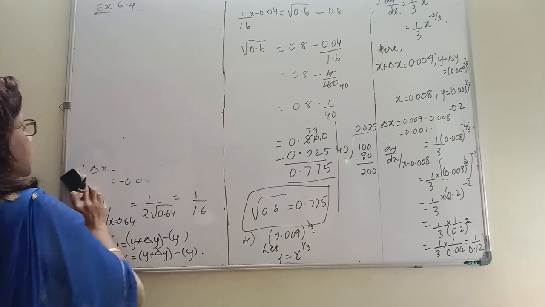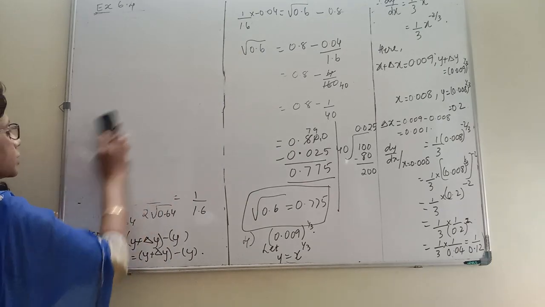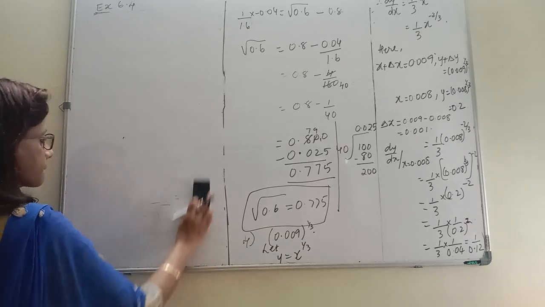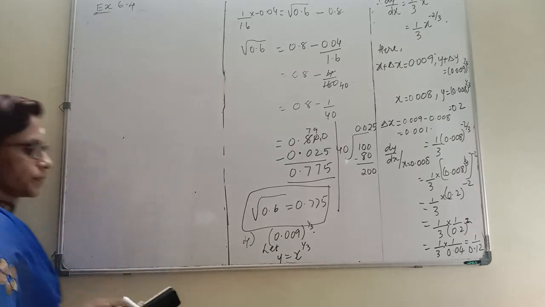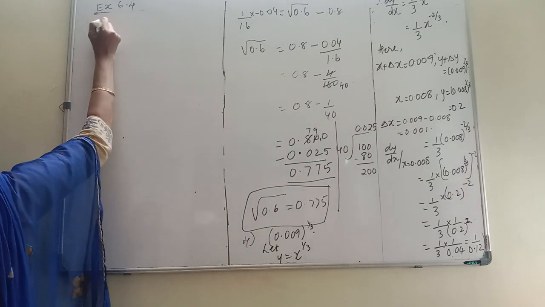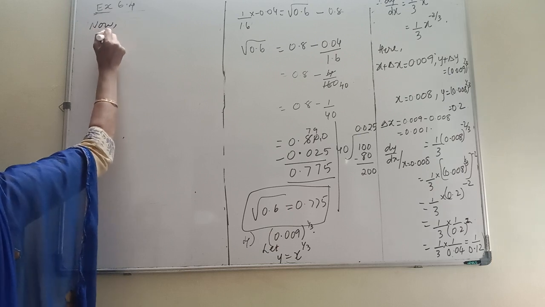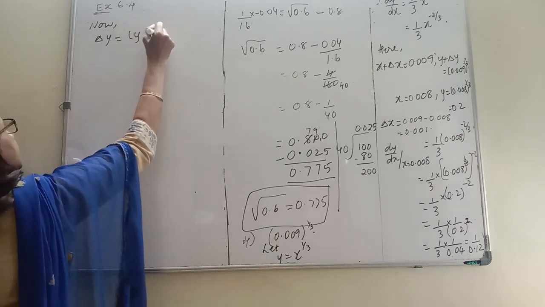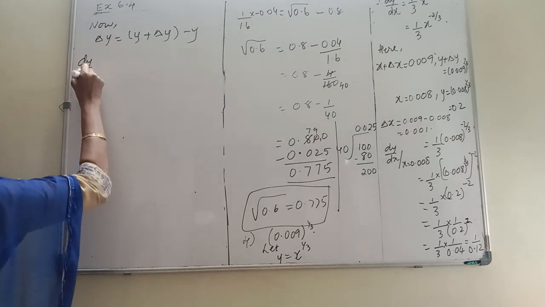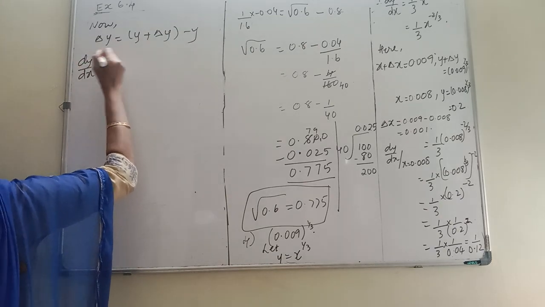I think we'll require this part, so might as well clean this whole thing. Say, what do we want? Now, your delta y is y plus delta y minus y, and this is dy by dx into delta x.